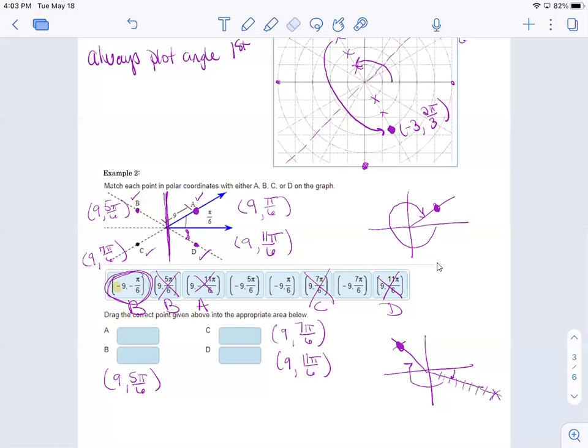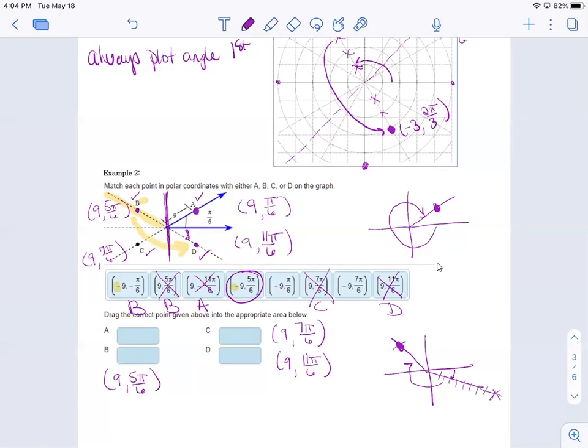All right, let's go ahead and now look at this one. Okay, well, 5 pi over 6. I'm going to use a highlighter. 5 pi over 6, I'd end up on this line, right? I want to count out 9. So I'm at B. However, it's a negative 9. So I need to reflect.